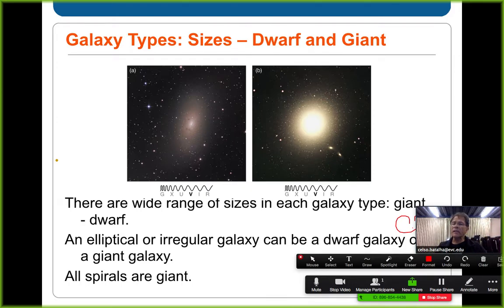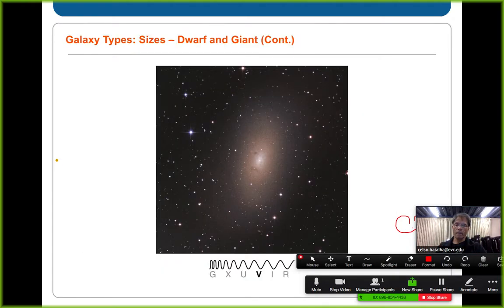That was one of the indications that giant elliptical galaxies might be the result of mergers. First, they are found more easily in the core or central regions of rich clusters of galaxies, which indicates they might have been the result of several mergers.